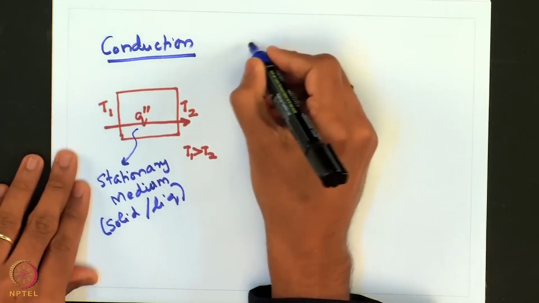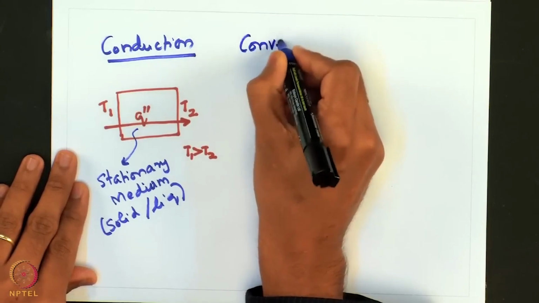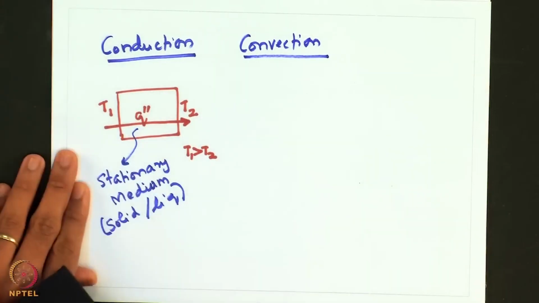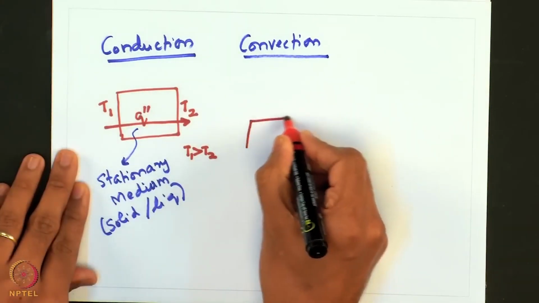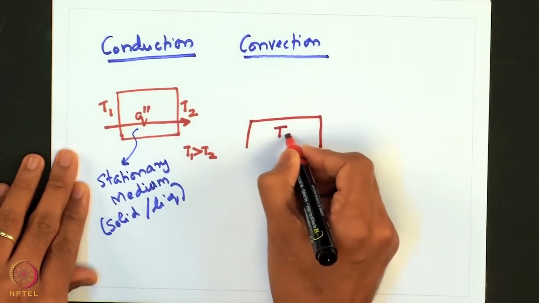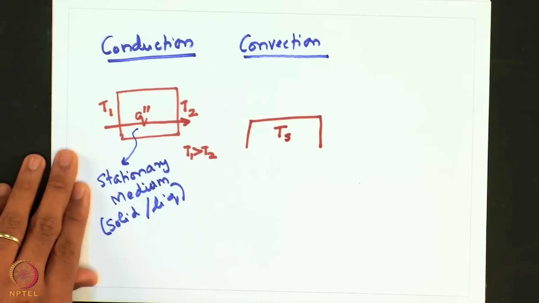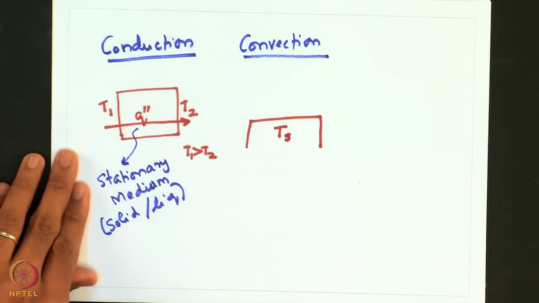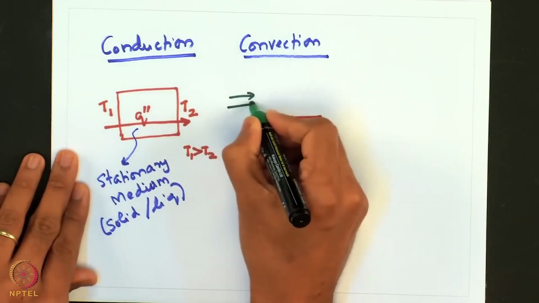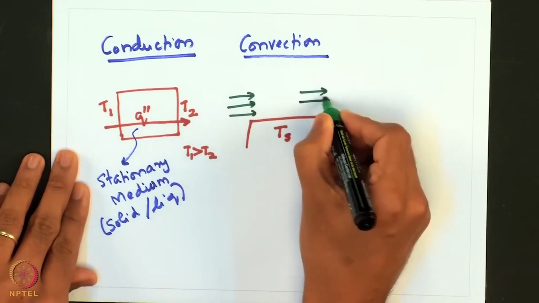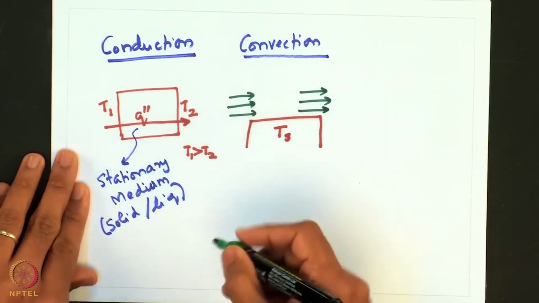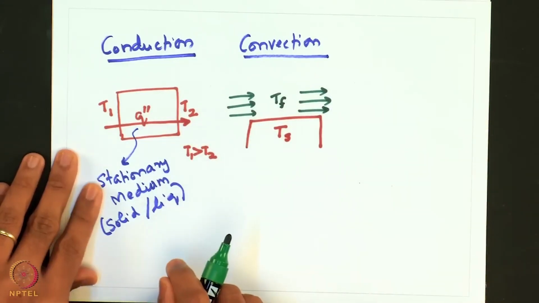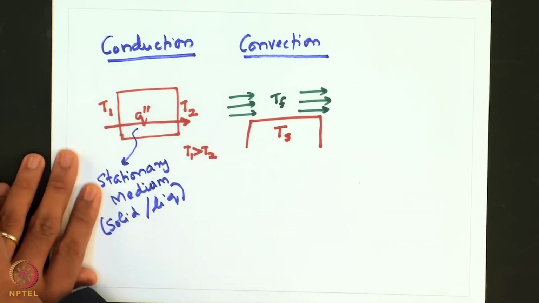So, let us look at the next case, the convection mode of heat transport. Suppose we have a solid which is maintained at some temperature Ts, and we have a fluid flowing past this solid object, and let us assume that the temperature of the fluid is Tf.